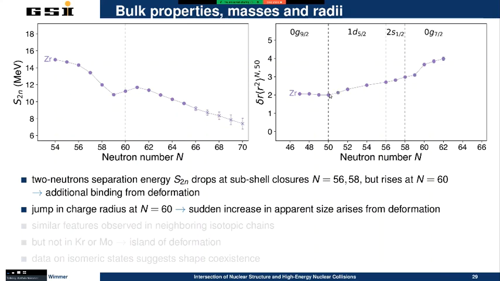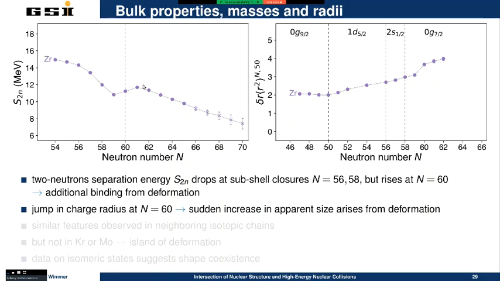There you can see this kink at magic numbers where the next orbital is filled and the apparent size of the nucleus rises. And in the 2 neutron separation energy, this determines how much energy is required to remove the neutron, so it indicates how strongly bound the system is.